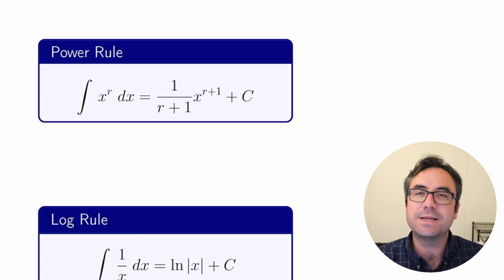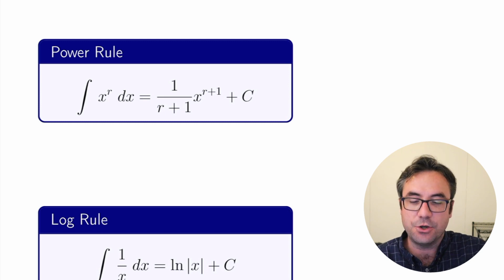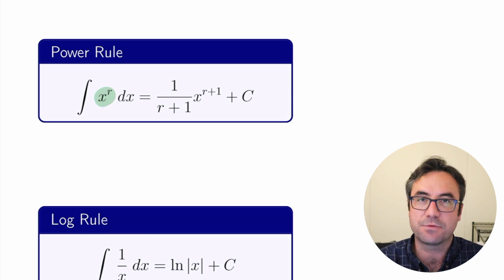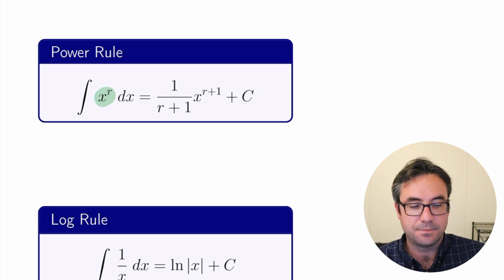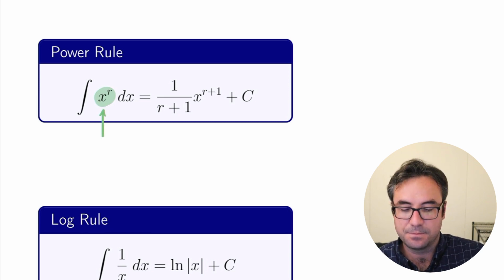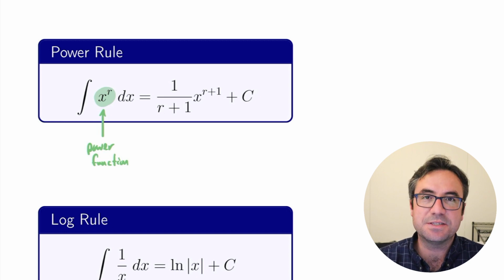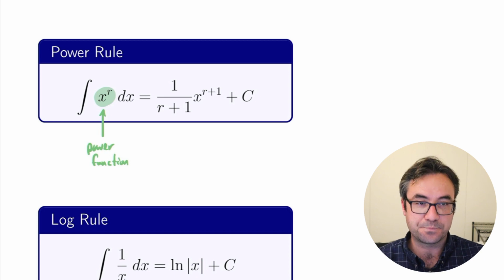What this one tells us is how to integrate a power function. So that's what we have here, a power function. Essentially, this is the opposite of our derivative power rule.